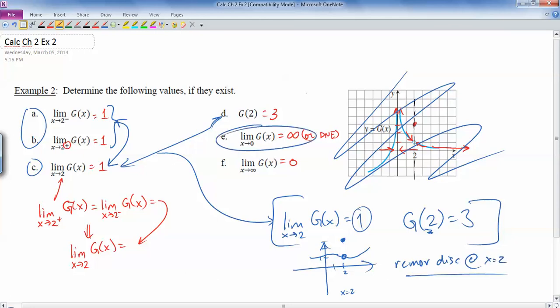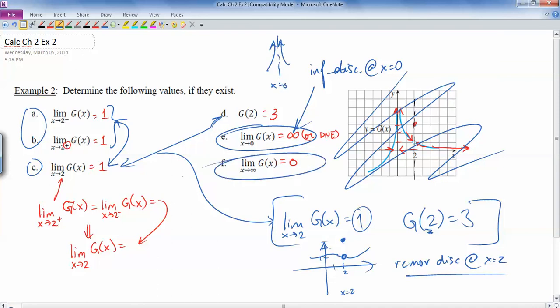This info right here, just any limit that involves an infinity, tells us we've got an infinite discontinuity at x equals 0. And in this case, you can even tell that both sides have to go up to infinity at x equals 0. And this right here tells us that way out at the end of the graph, the value of the function gets closer and closer to 0.